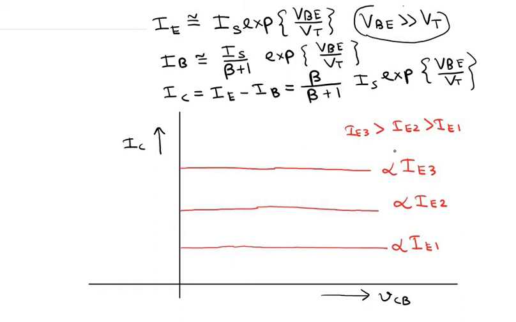Okay, so for positive values of VCB, or as the reverse bias voltage increases from 0, the collector current basically remains constant with the reverse bias voltage across the collector to base junction. Now as VCB decreases from 0, that is as the base to collector junction is gradually becoming forward biased, the collector current initially remains constant.